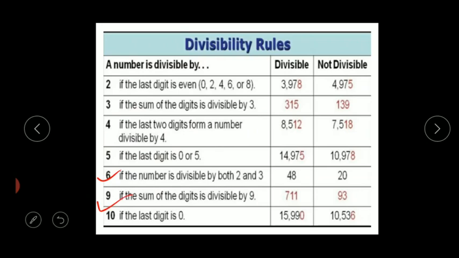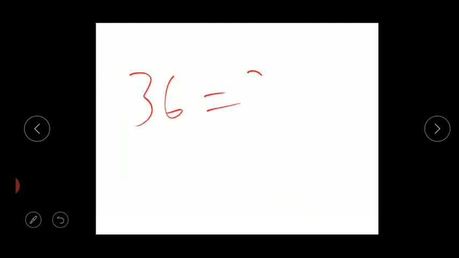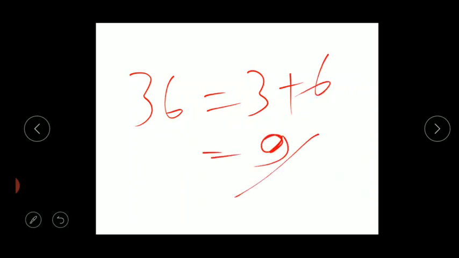Now proceeding directly to 9. If the sum of the digits is divisible by 9, then the number is divisible by 9. Sum of the digits means similar to that of 3. In the case of 3, what we had to do is sum the digits of the given number. Suppose 36 is there, then you have to do 3 plus 6, it is 9, then it is divisible by 3.